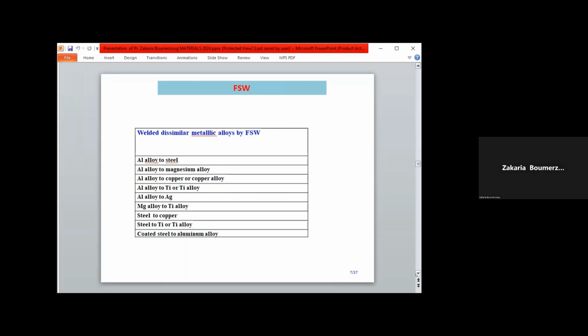From the literature, I have found these dissimilar welded metals: aluminum alloy to steel, aluminum alloy to magnesium alloy, aluminum alloy to copper or copper alloy, aluminum alloy to titanium or titanium alloy, aluminum alloy to silver, magnesium alloy to titanium alloy, steel to copper, steel to titanium or titanium alloy, and coated steel to aluminum alloy. It means from this table there are limited dissimilar metals which have been welded by friction stir welding.